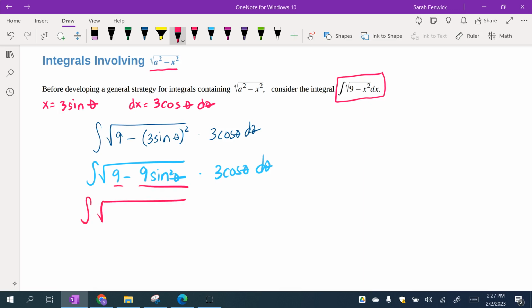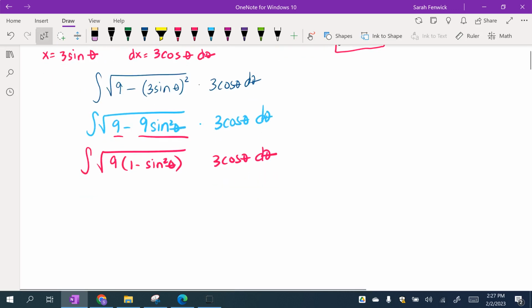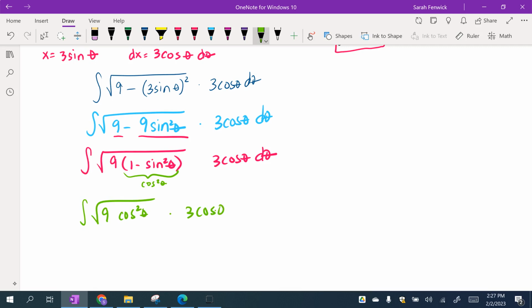Here, they both have a 9, so I'm going to pull that out and have 1 minus sine squared theta, times 3 cosine theta d theta. All right. If I take the square root, nope, not yet. This follows my Pythagorean identity and equals cosine squared theta. So we have the integral of square root of 9 cosine squared theta times 3 cosine theta d theta.